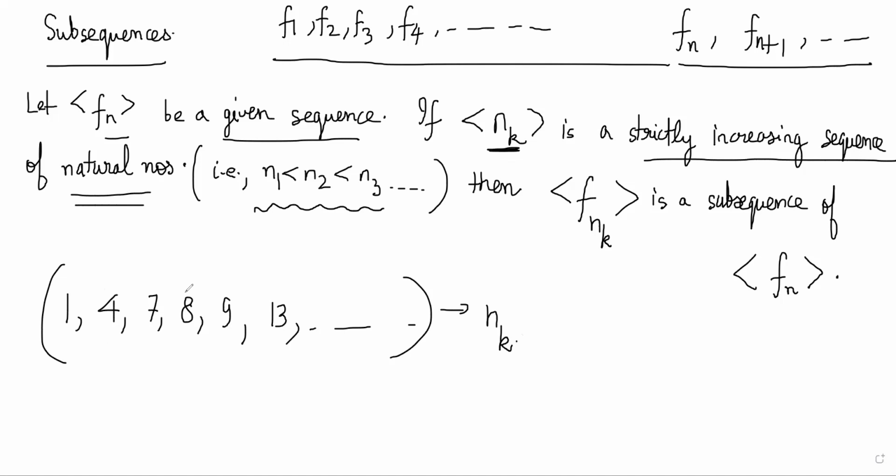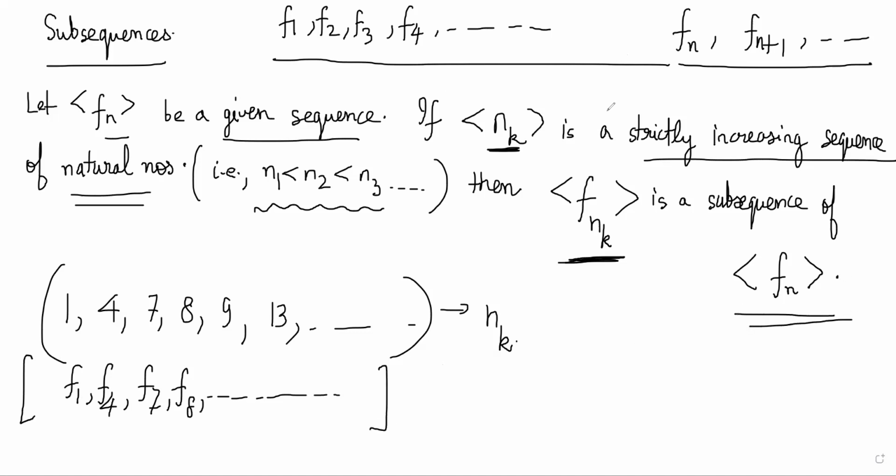So as long as it is a strictly increasing sequence of natural numbers, you can now find this sequence, which is basically F1, F4, F7, F8, and so on. And that will clearly be a subsequence of this original sequence, because this thing is a subset of the N set. Basically, you are just selecting some portions of the original sequence. You're saying this one, F4, F7, F8, and so on.